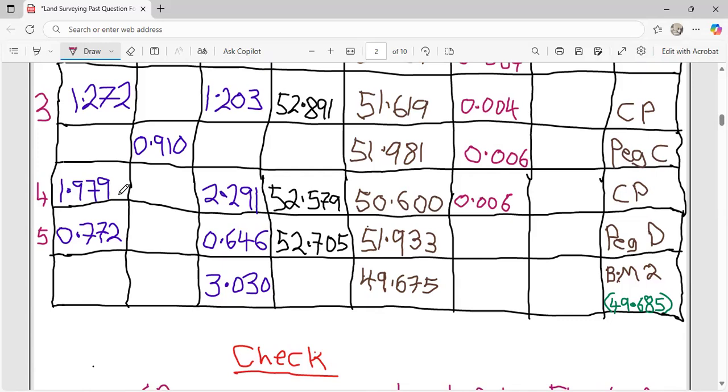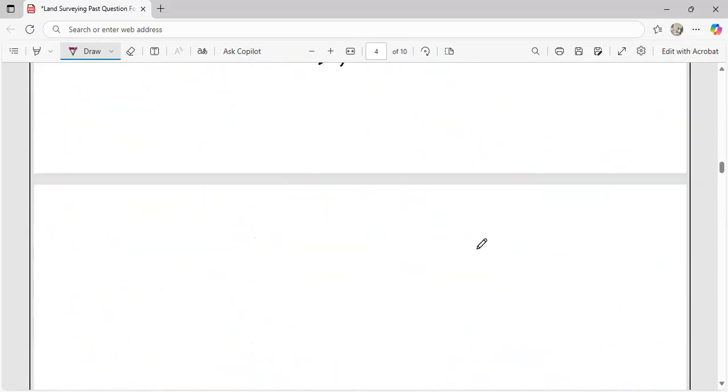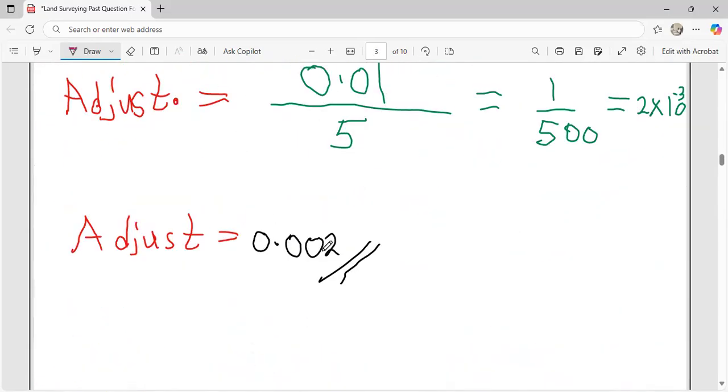You realize that there is a fourth instrument setup over here. The fourth instrument setup implies that to fill our next adjustment reduced level, we have to multiply this 4 times the first adjustment, or the value we had for the adjustment, which is what? 0.002.